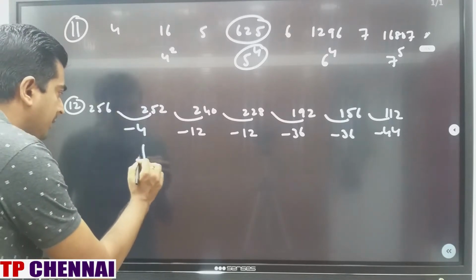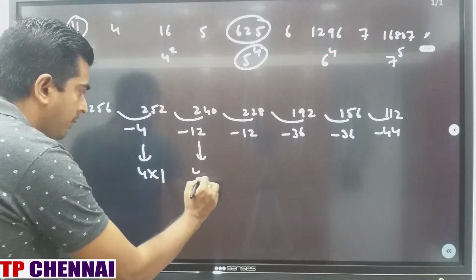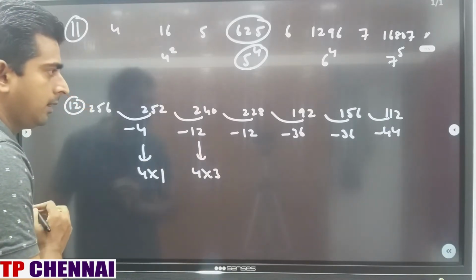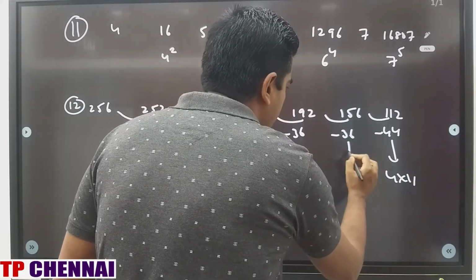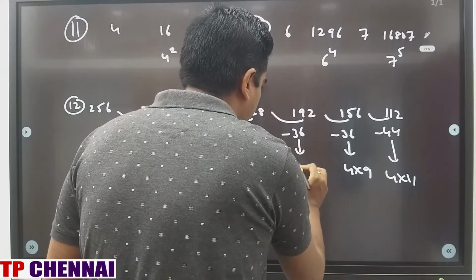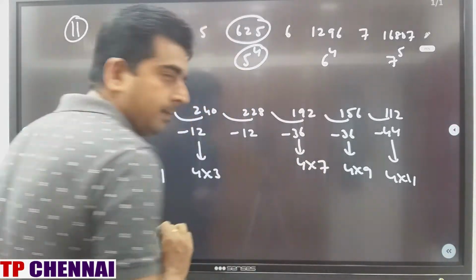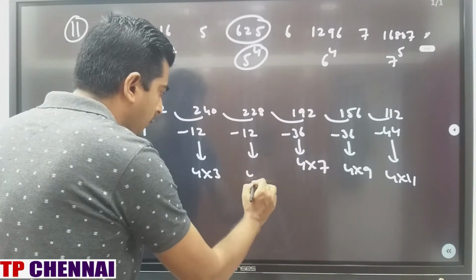But if you see this one, this is 4 into 1. This is 4 into 3. This, if you see, 4 into 11. This is 4 into 9. This should be 4 into 7. Because 1, 3, 5, 7. So this should be 4 into 5.